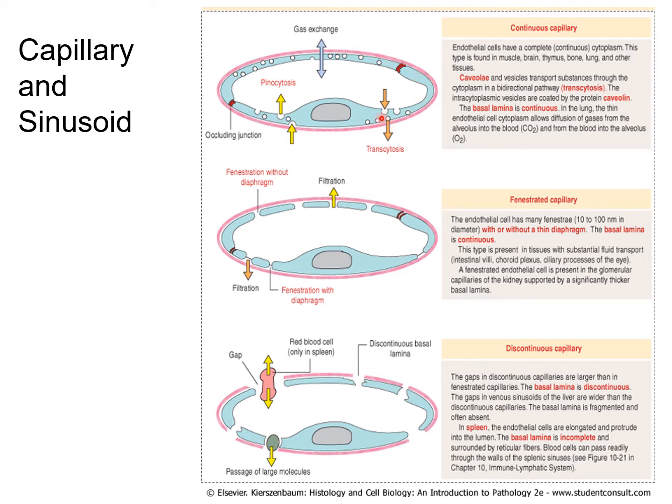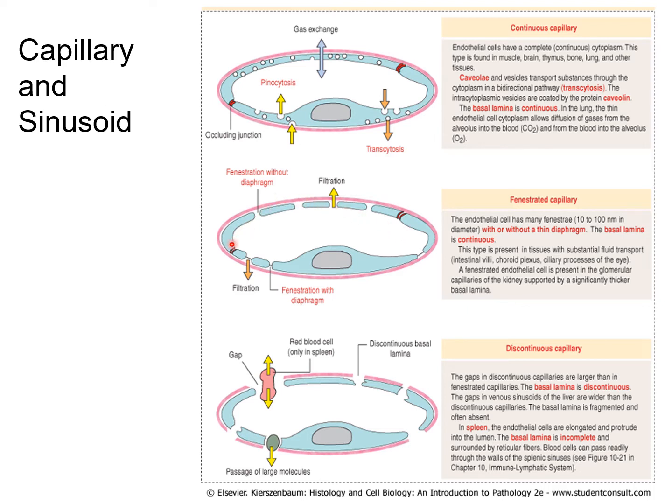Pinocytic vesicles are visible. This type of capillaries are present in the brain. Continuous capillaries don't allow the substances from the lumen to pass into the substance of the brain.